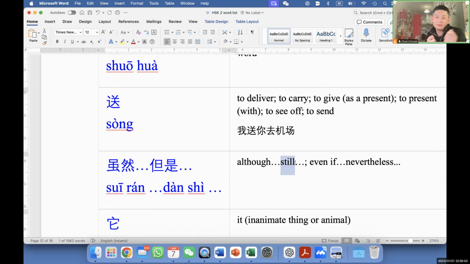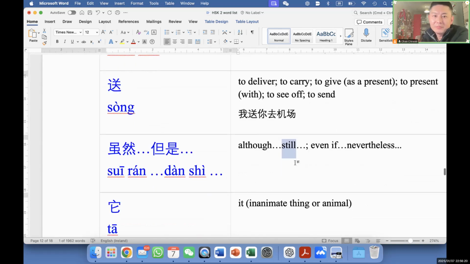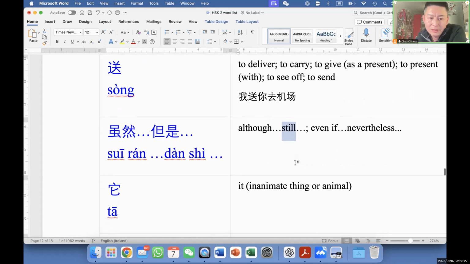You only use either one, but in Chinese we can use either one just to mean the twist, but also we can use both of them together, more often, to give it a strong logic of twisting. Like even though blah blah blah, but then however, whatever else.